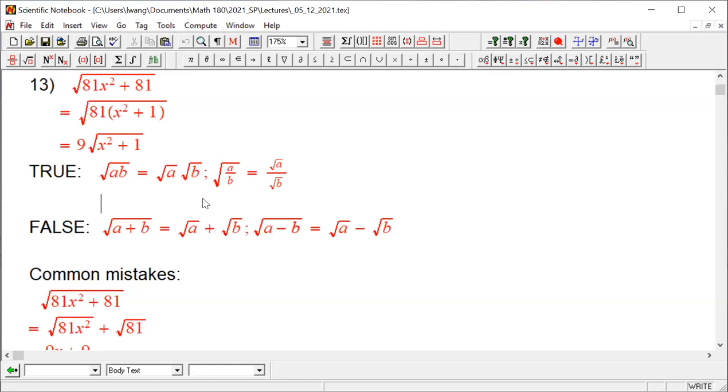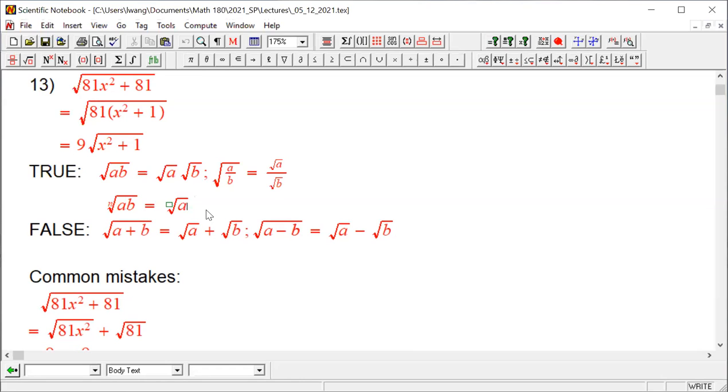For example, if I have the nth root of ab, these are true: the nth root of a times the nth root of b. That's true. Let me emphasize that, that's true. But the sum is false. I want you to think about the counterexamples.